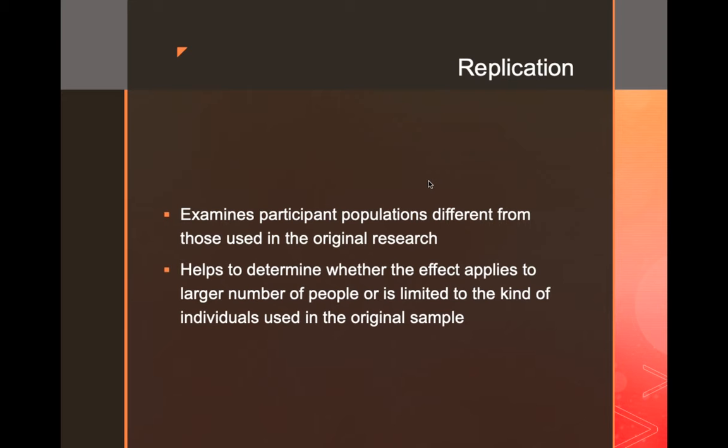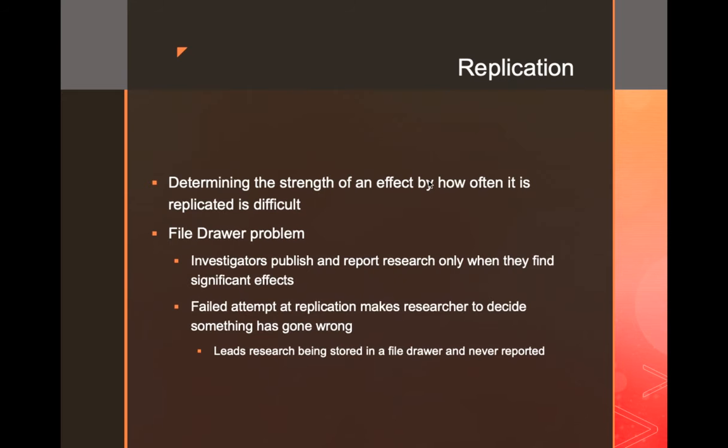They're producing different findings each time, and so there was a replicability crisis in our field several years ago, and it was connected to this file drawer problem, if you've heard of it, where researchers would only publish research that showed significant effects, and so things that did not show significant effects were put in a file drawer. They were stored in a cabinet somewhere. And it was important to also look at why those weren't producing significant effects and approach that from that angle.